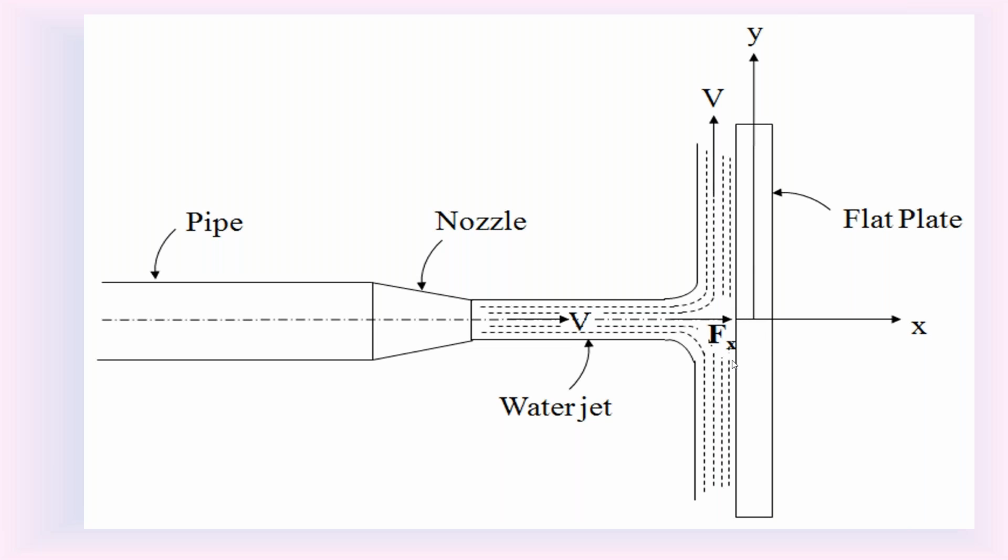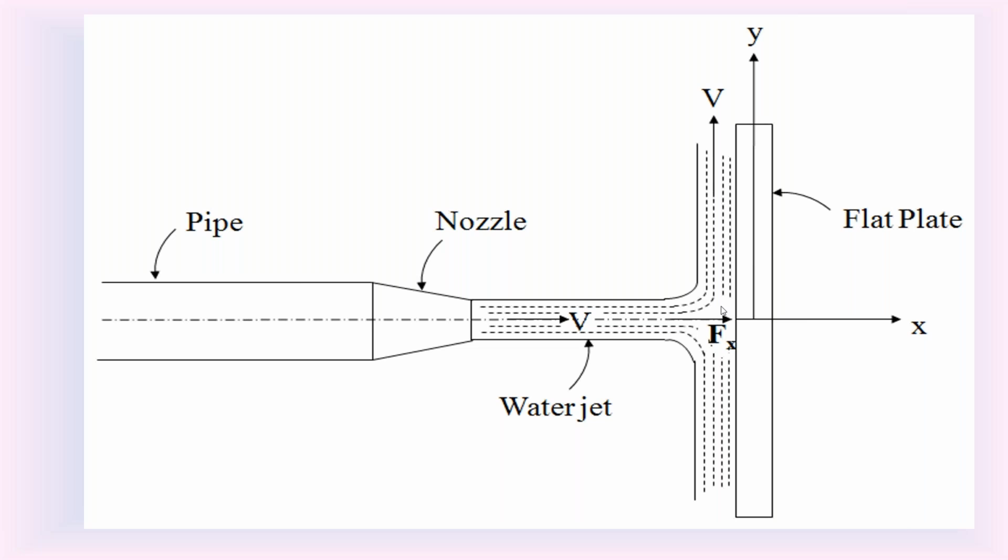To find out this force Fx, we are using Newton's second law of motion. According to Newton's second law, Fx is equal to the initial linear momentum of water jet in the direction of force Fx minus the final linear momentum of water jet in the direction of force Fx, divided by time.